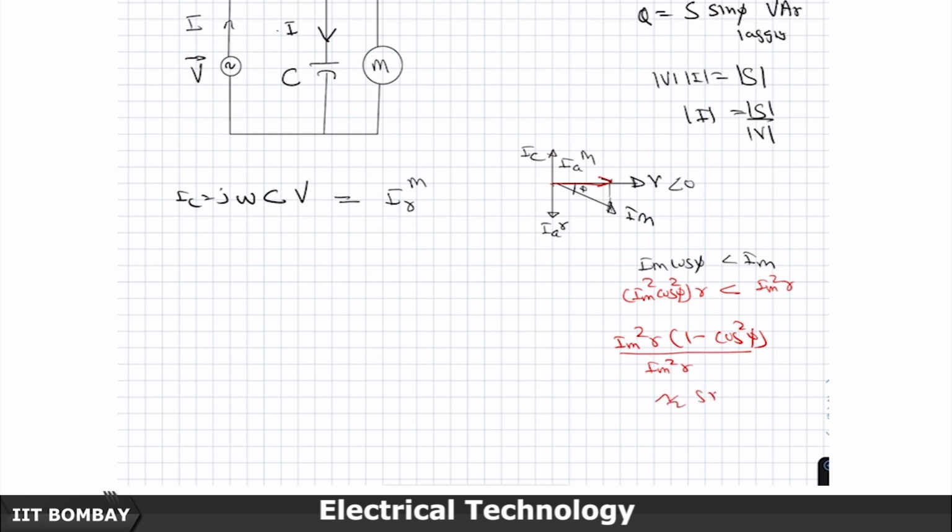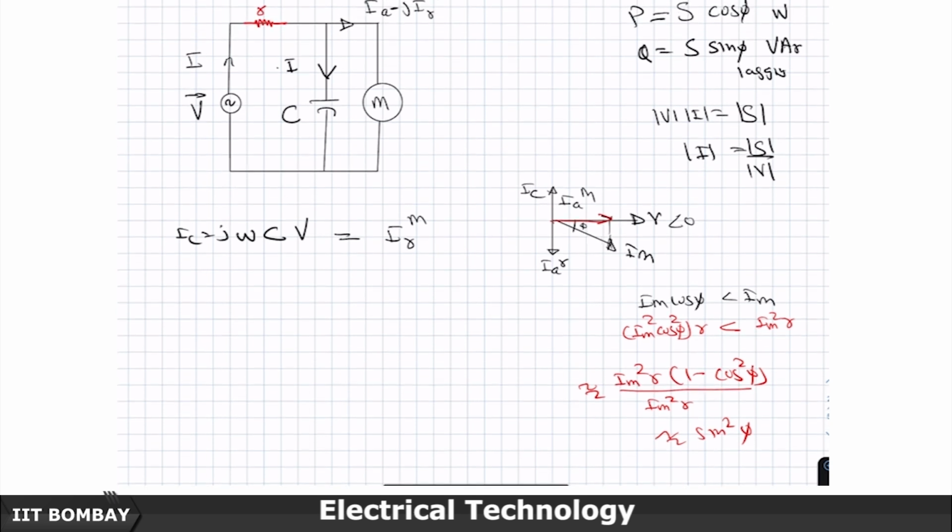it is all approximately equal, because if actually a resistance is put, the currents will alter, but I am assuming that the net impedance V by I seen by the motor is of the order of 100 ohms, and this is of the order of say 0.1 ohms or 1 ohm.